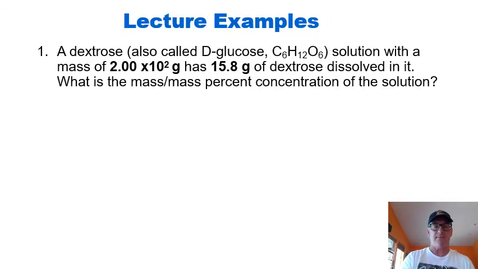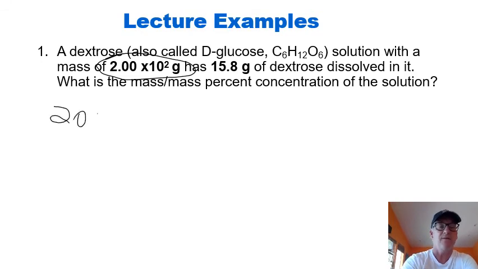Let's look at an example here. If I have dextrose, which is just another name for glucose, it's a solution with a mass of 2.00 times 10 to the second, which is just another way of saying 200.0 grams.